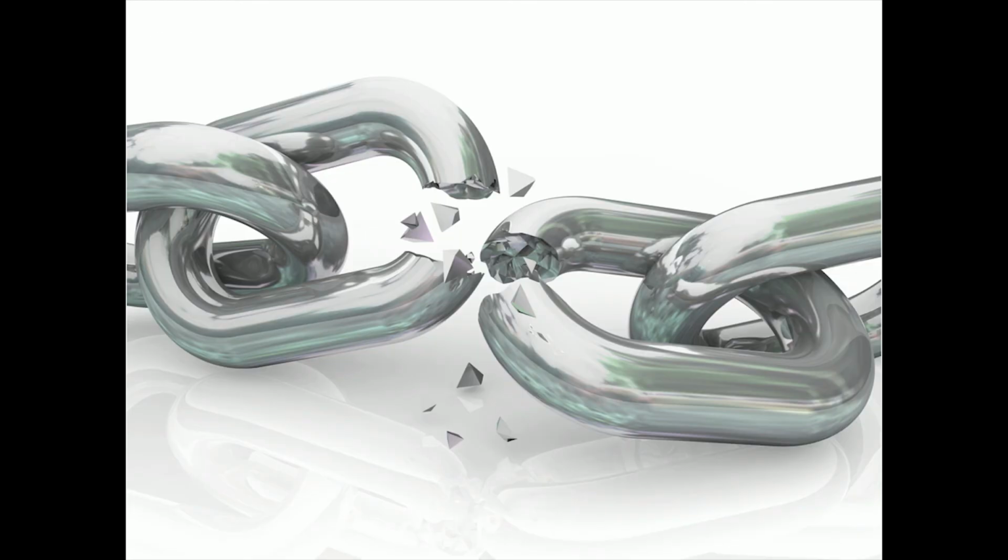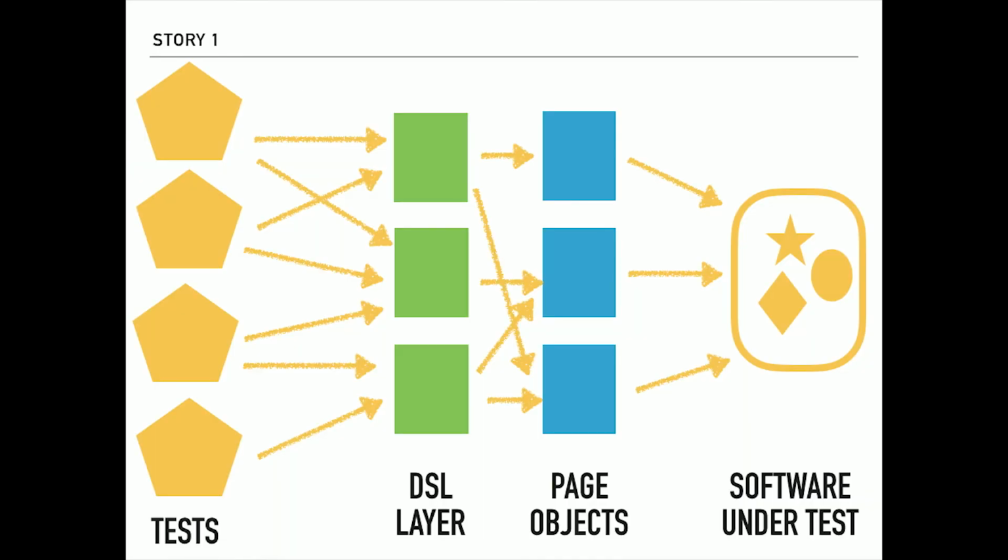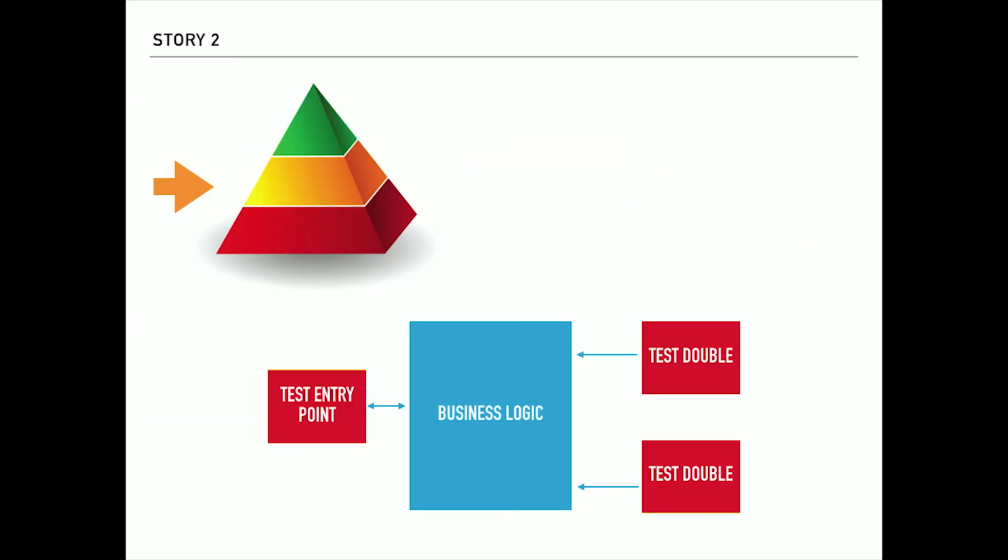So the whole theme of this talk has basically, unsurprisingly, been decoupling. And as a summary, in our first kind of decoupling, we were doing user interface tests, and we just needed to break the direct link between the tests and the software under test with some layers in between. And those layers are there to help us protect against changes that are inconsequential to the business requirements. Then we upgraded.